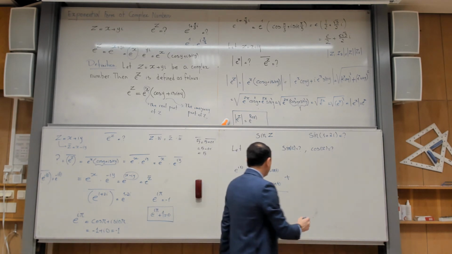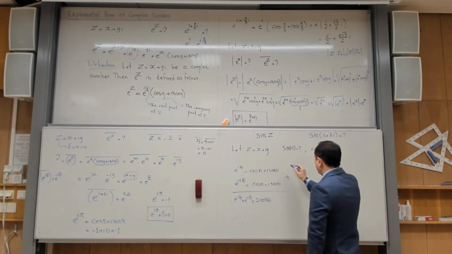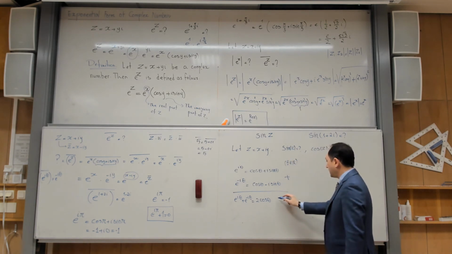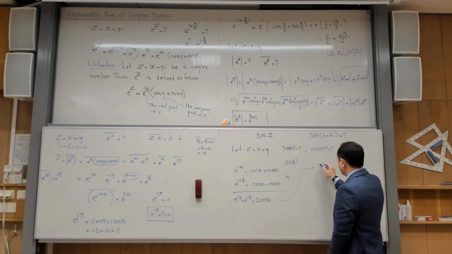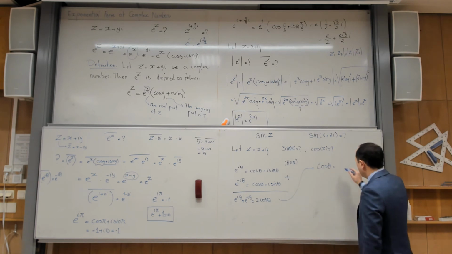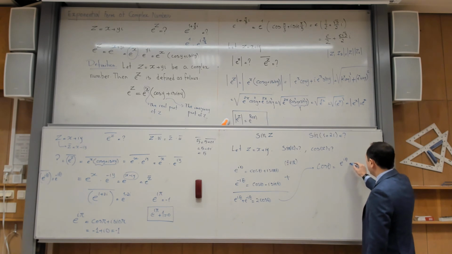So you see here, by the way, in this formula theta is real. So this means that for real numbers theta, I was able to prove cosine theta is e to power i theta plus e to power minus i theta divided by 2.